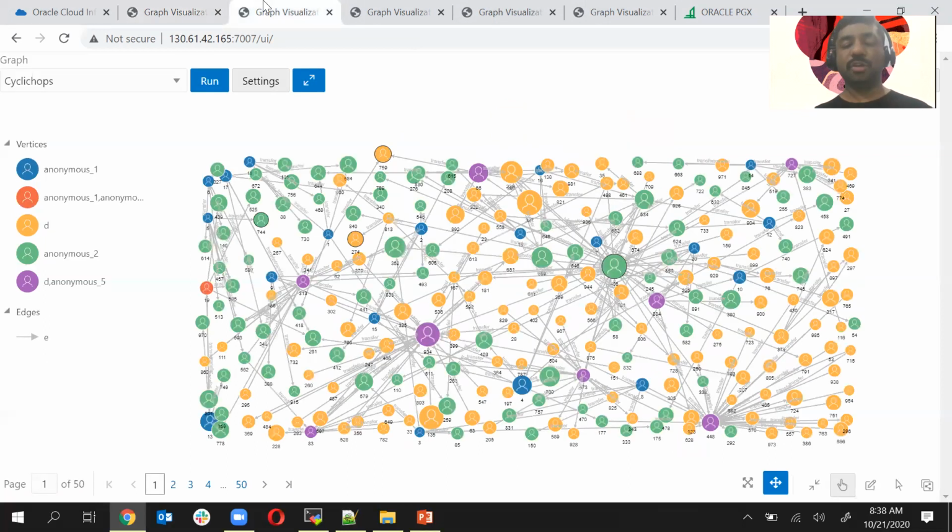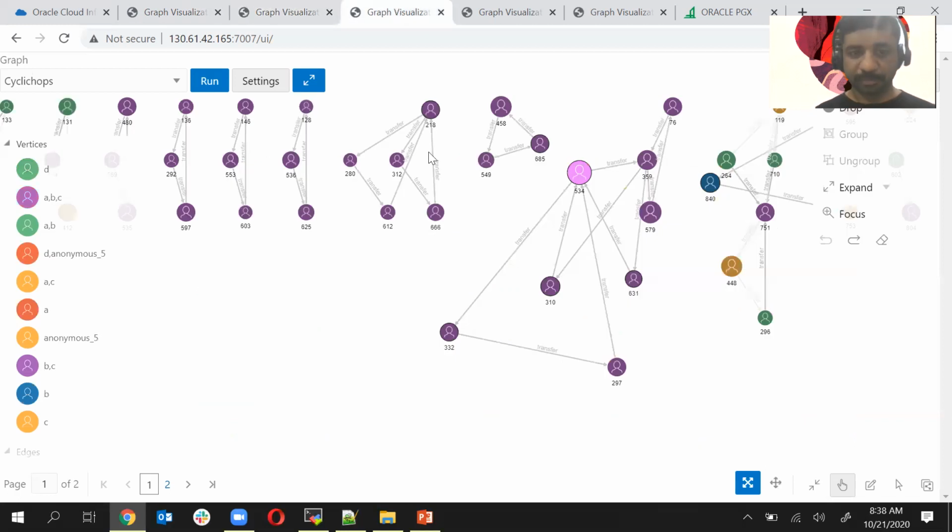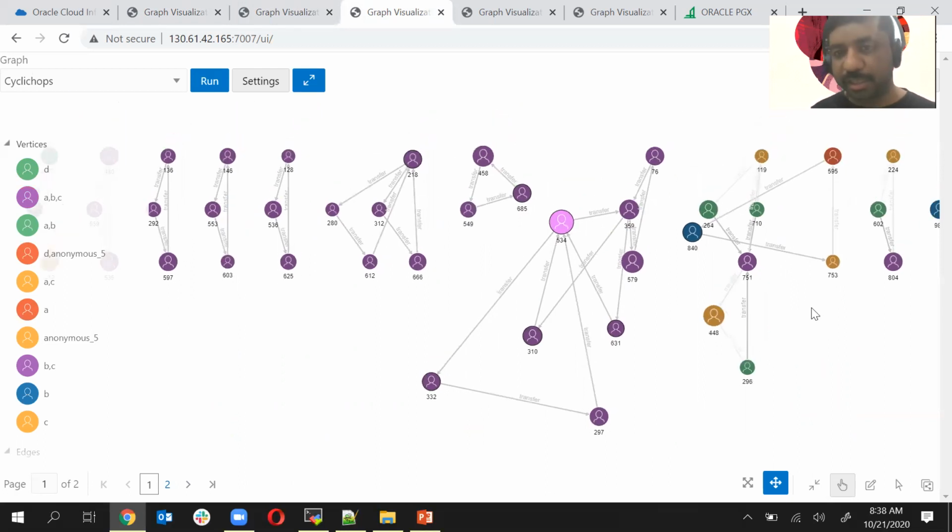Now let's look at a large graph with a lot of financial transactions. Now, how can we find insights? Let's say we look into the cyclic transactions. So we can see that there are a lot of cyclic transactions in a pool of financial transactions.